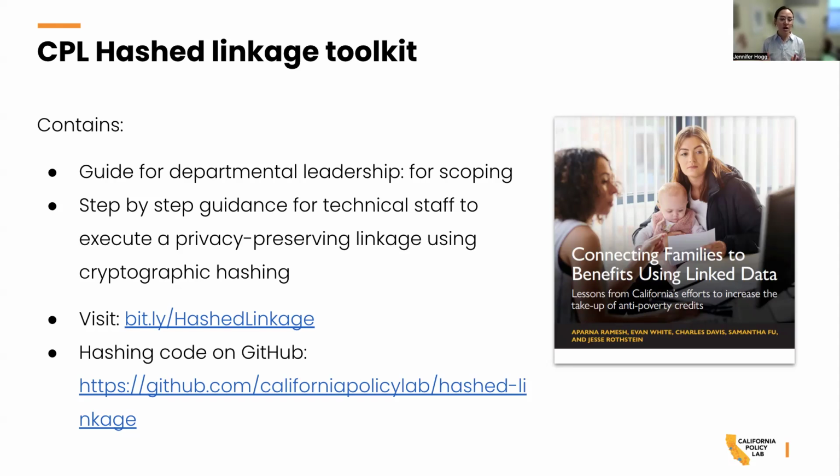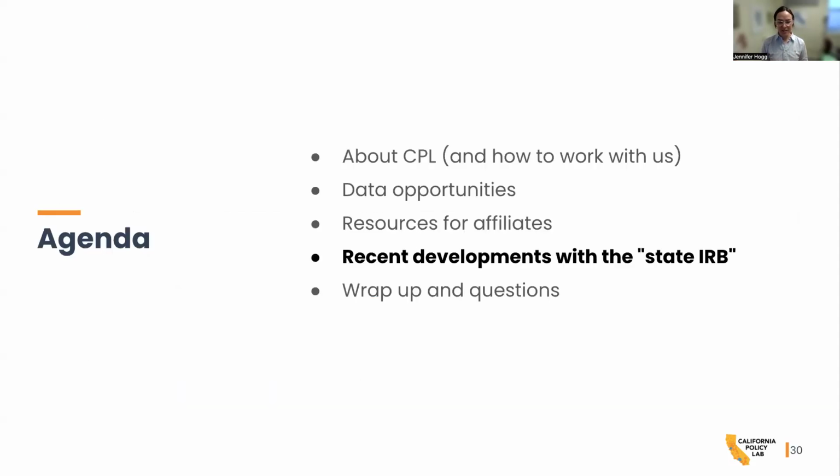And also our hashing and linking code is all publicly available on GitHub. And this is ongoing work. We're learning how to make this process more efficient and user-friendly as we go. And we are always updating these resources, especially the code in GitHub, and just continually iterating. So with that, I will hand it back over to Evan.